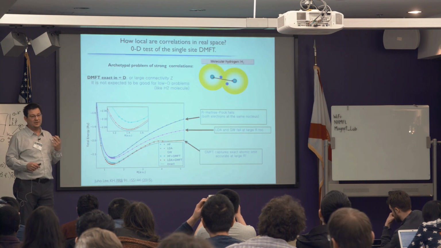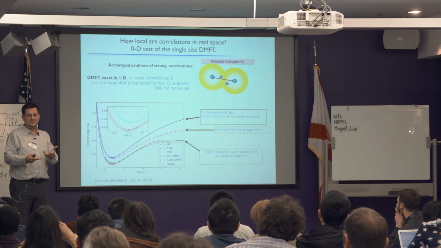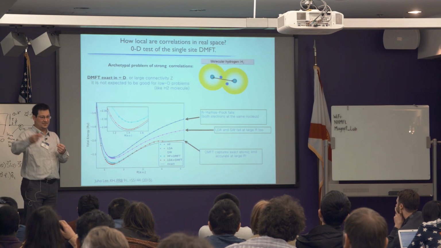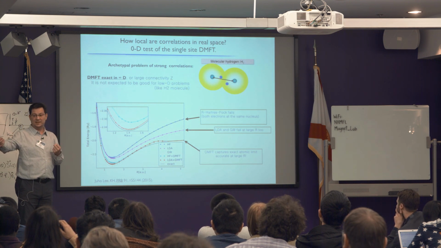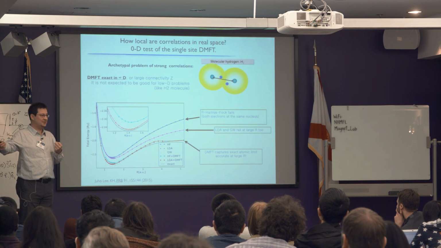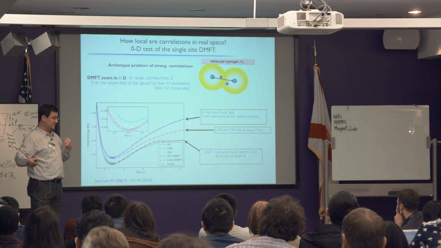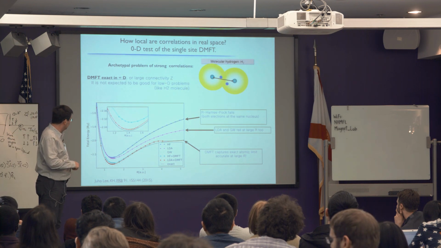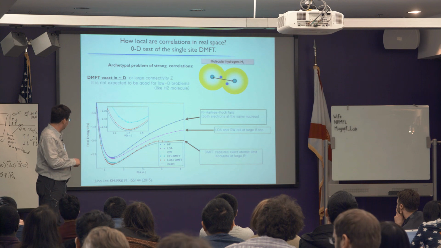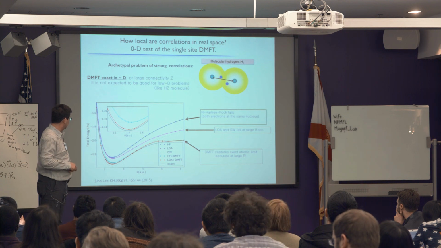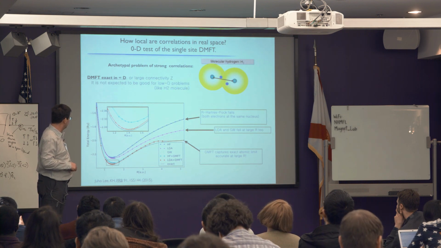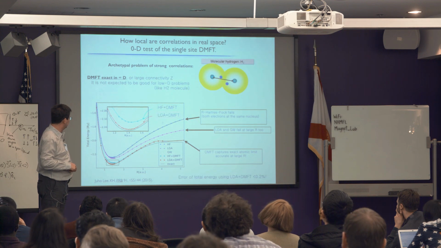For Hartree-Fock plus DMFT, the question is what you add to DMFT, because you have to take into account in some way the Hartree term and maybe the exchange term. The question is whether you take the exchange term into account exactly or not. So you do Hartree-Fock plus DMFT or LDA plus DMFT. LDA plus DMFT seems to be fantastic. If you zoom in, you see Hartree-Fock plus DMFT, LDA plus DMFT, and the exact result.